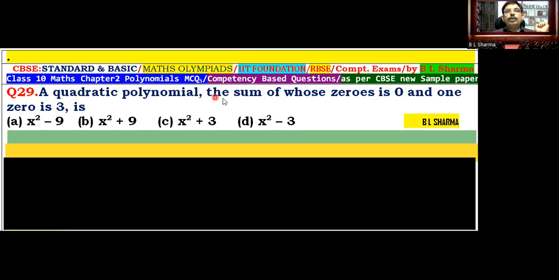A quadratic polynomial of which the sum of zeros is given 0 and one zero is 3. देखिए एक क्वाड्रेटिक पॉलिनोमियल हमें फाइंड आउट करना है जिसका सम ऑफ जीरोस 0 है, लेकिन एक जीरो उसका 3 है. Let the two zeros be alpha plus beta, और उनका जो सम दे रखा है वो है 0.